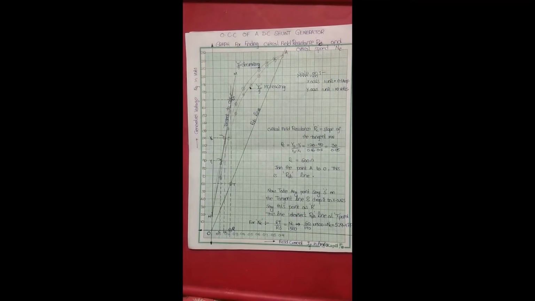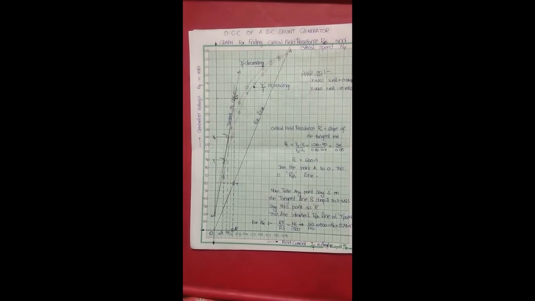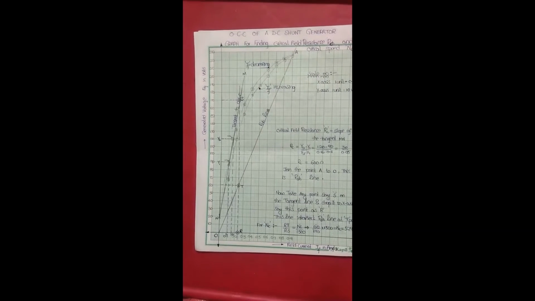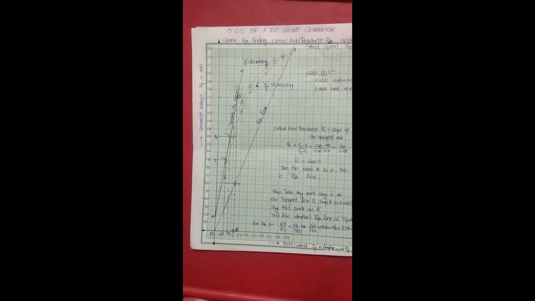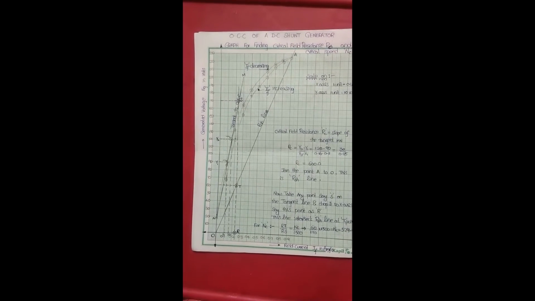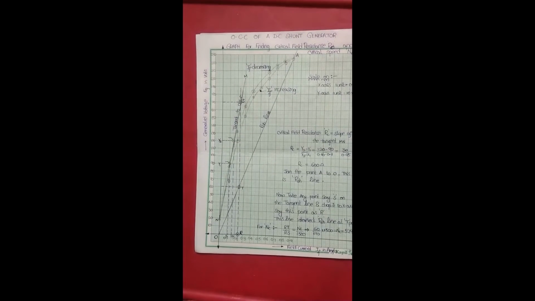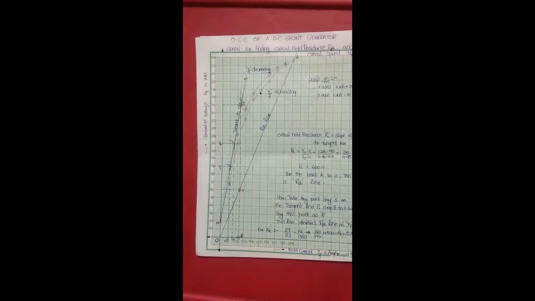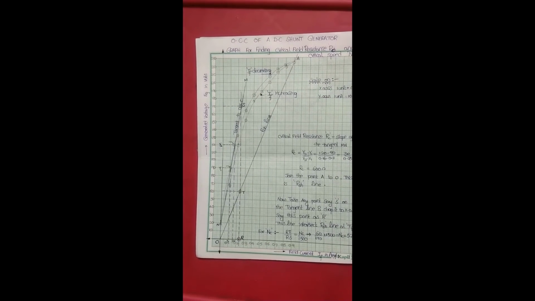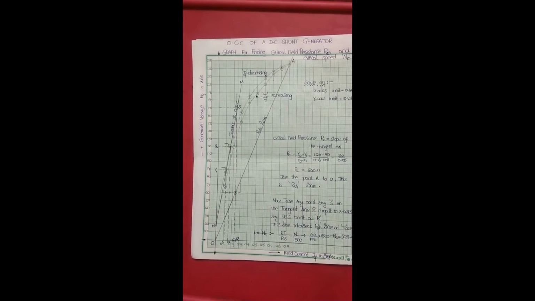Then mark the values you obtained for IF increasing and IF decreasing, and join all the points for IF increasing and IF decreasing with a freehand curve. We can take the resultant OCC also, but these two are very near to one another, so I am considering only the forward OCC.